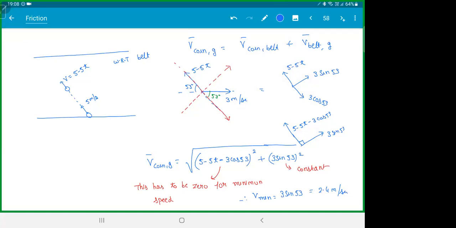Now, why did I divide like this and why didn't I divide it normally? t is time, right? This is the velocity after time t, using V is equal to u plus at. This is the velocity of the coin with respect to the belt.